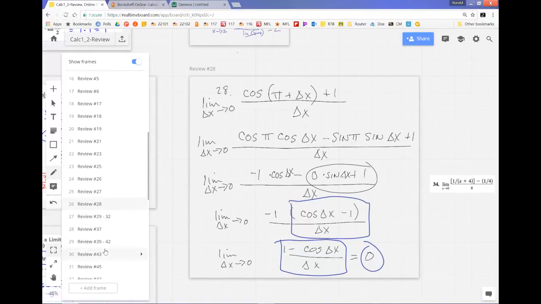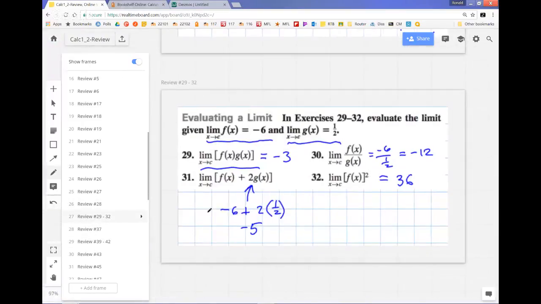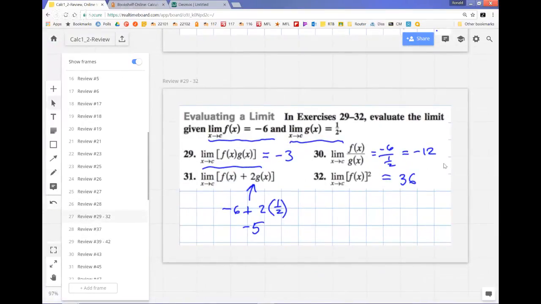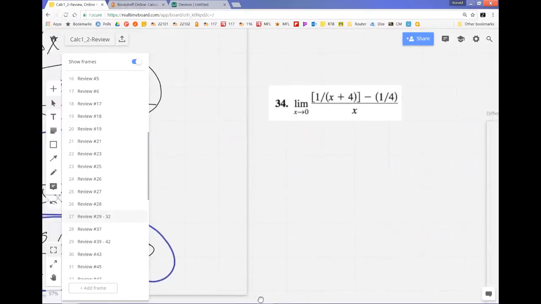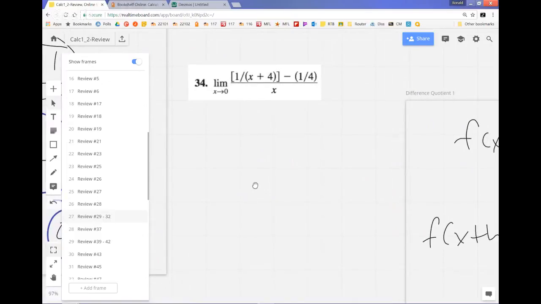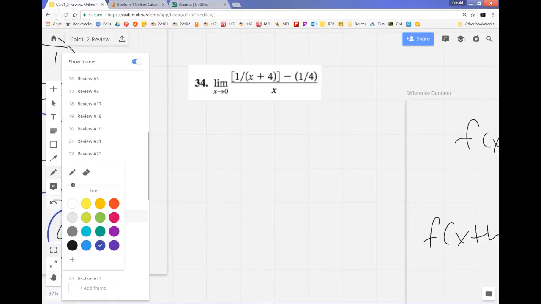Next request, number 34. Okay, so let's see what we got here. Yeah, there it is. All right, number 34. So let's work on this. And by the way, what are the directions for 34?